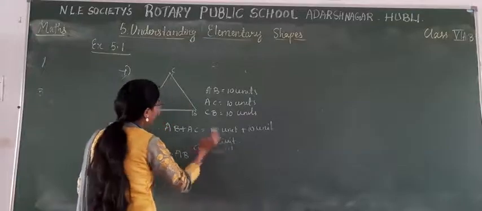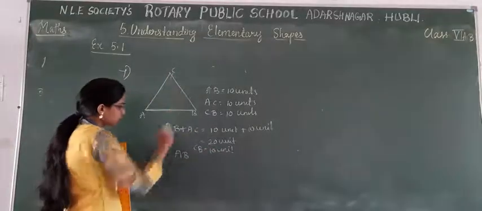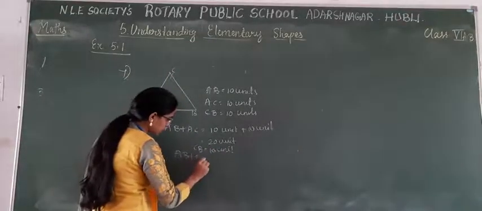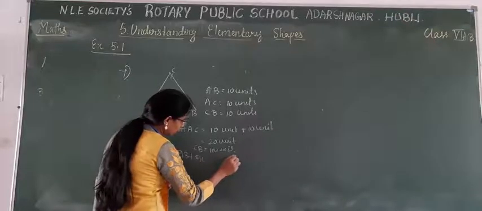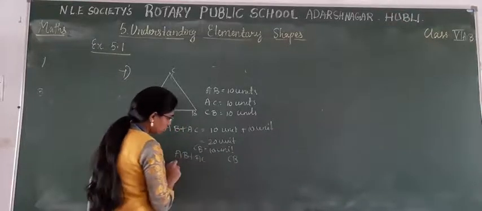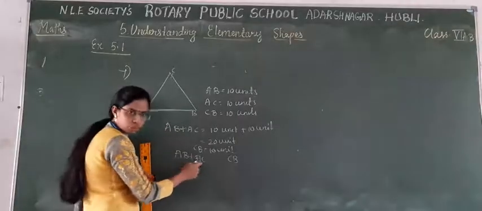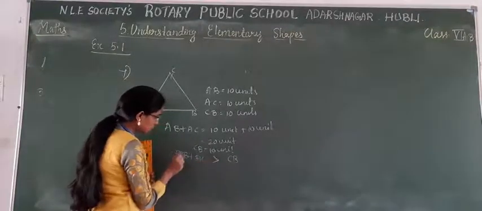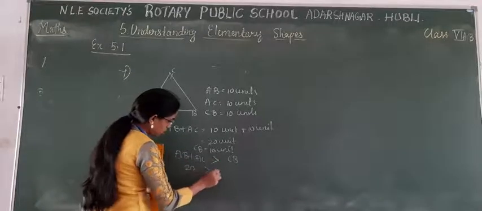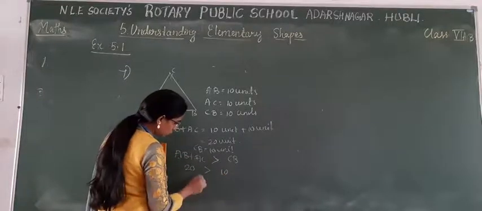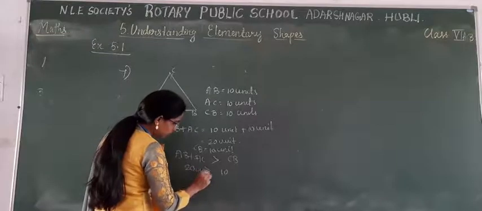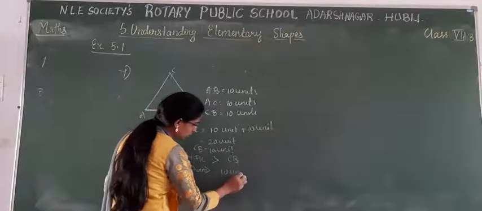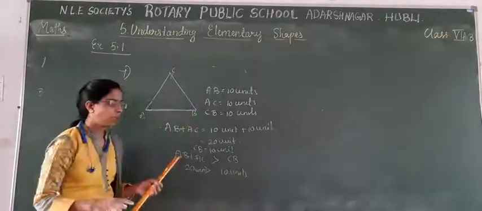Add any two sides and compare with the third side. The sum of the other two sides, AB plus AC, is greater than the third side CB: 20 units against 10 units.